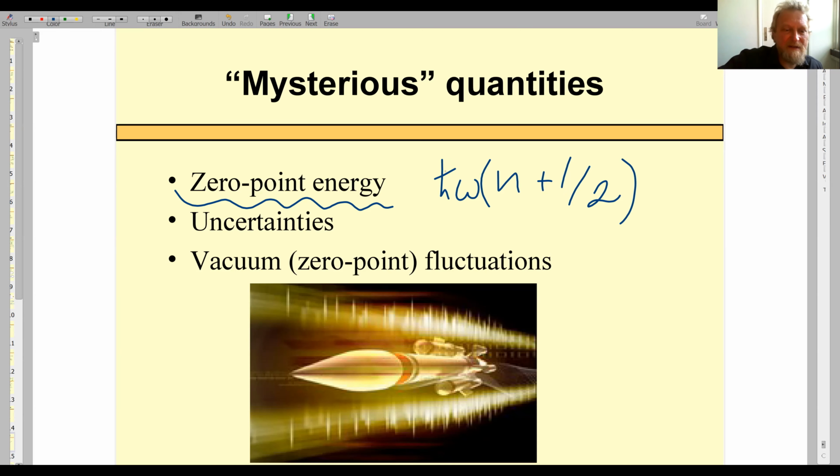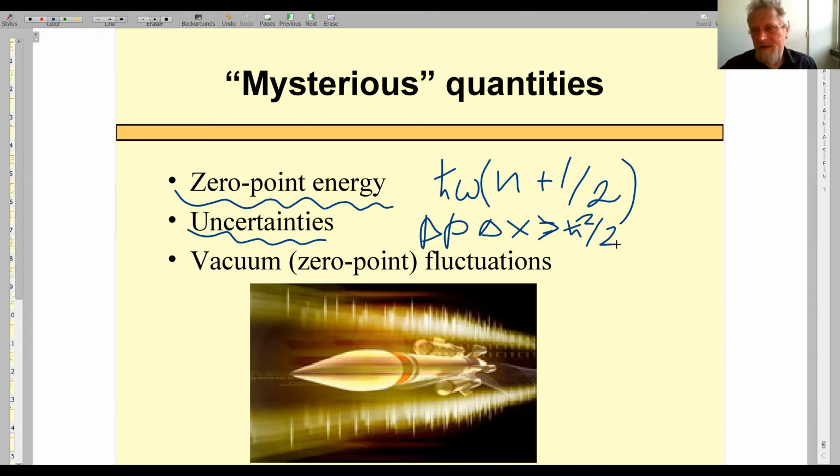I will talk about uncertainties, the Heisenberg uncertainty. What was that? There are similar uncertainties for every field, because any field can be represented as an oscillator with generalized momentum and generalized coordinate.